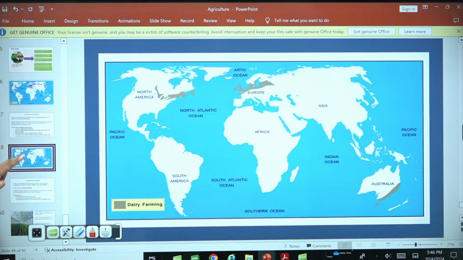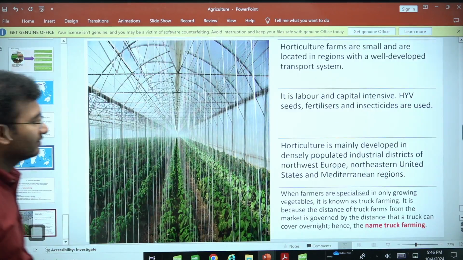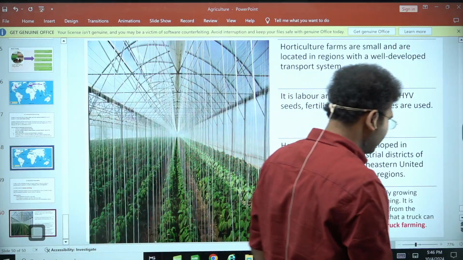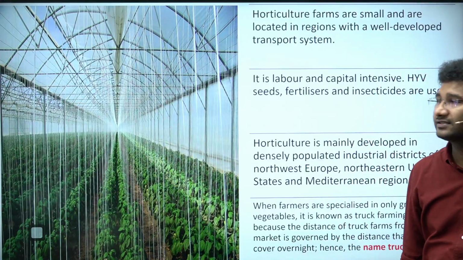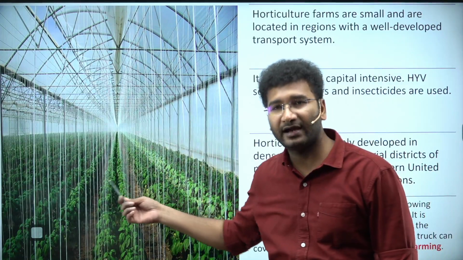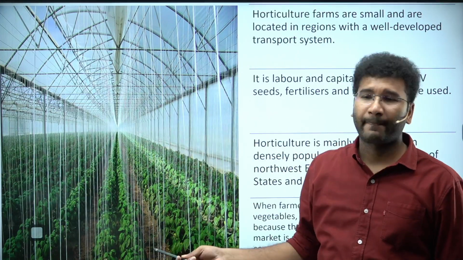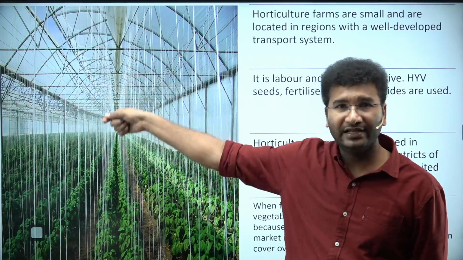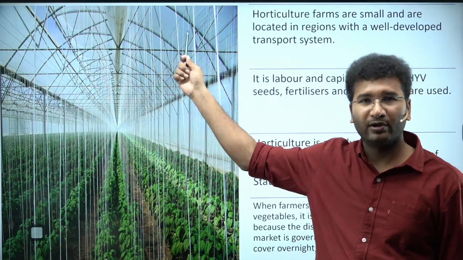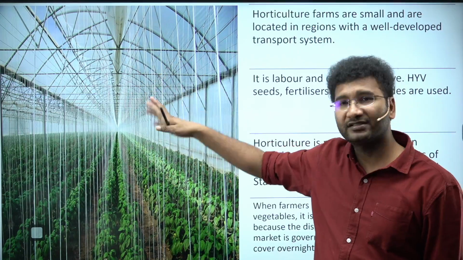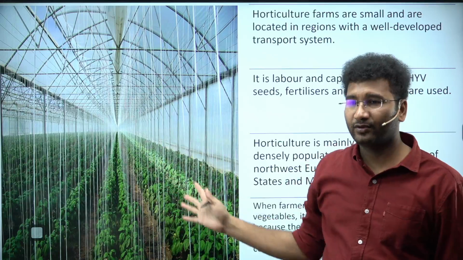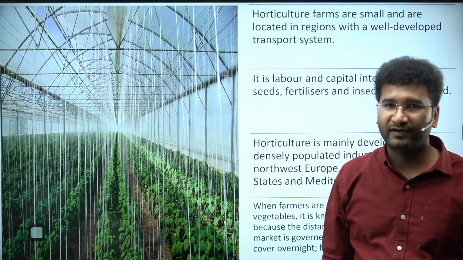And lastly, you need to know about horticulture. So this is your horticulture. Horticulture means where you grow vegetables and crops, and in a controlled environment you will grow, right? These are called poly houses. In the poly houses, to reduce and regulate the temperature, you grow this type of farming, right?